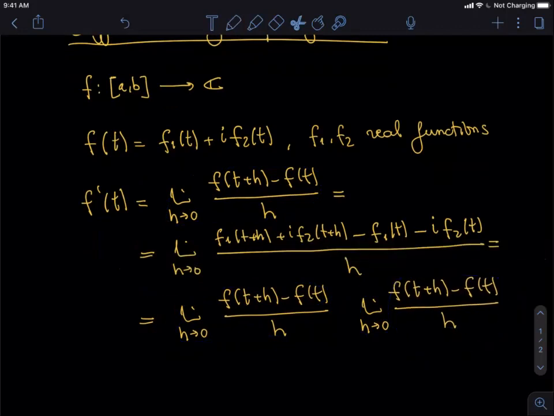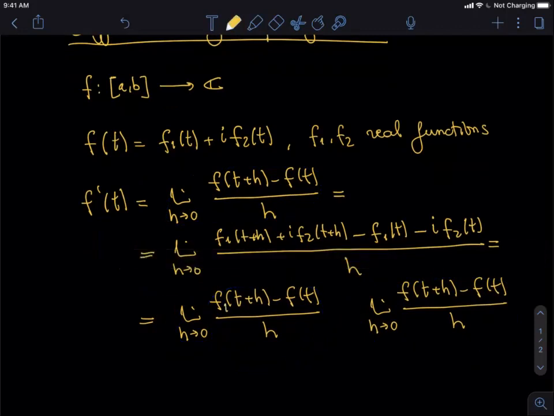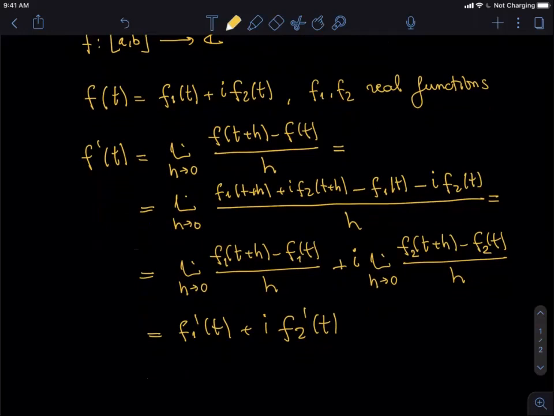Okay, we have the real part and the imaginary part. So this would be the f1s, this would be the f2s, oops. And then here we have a plus i, sorry. Now it works. And then it's clear that this is f1 prime of t plus i f2 prime of t, which is what one would expect. Okay, so we are just taking the derivatives of the real and imaginary parts.